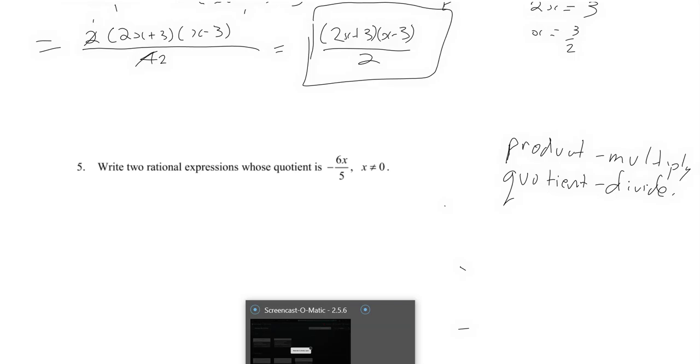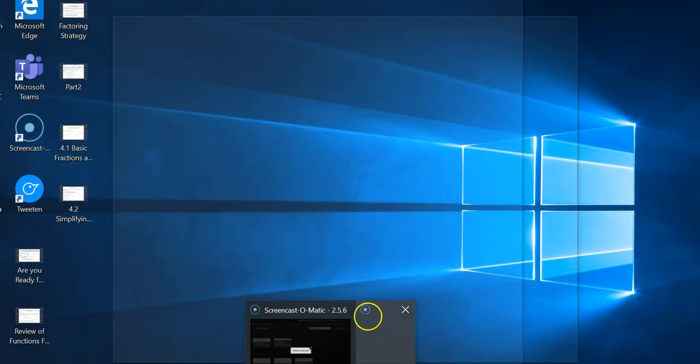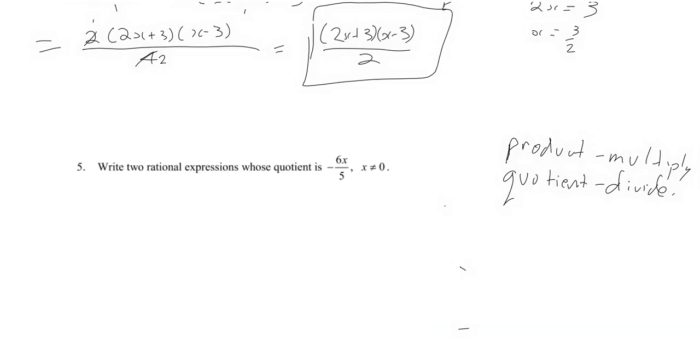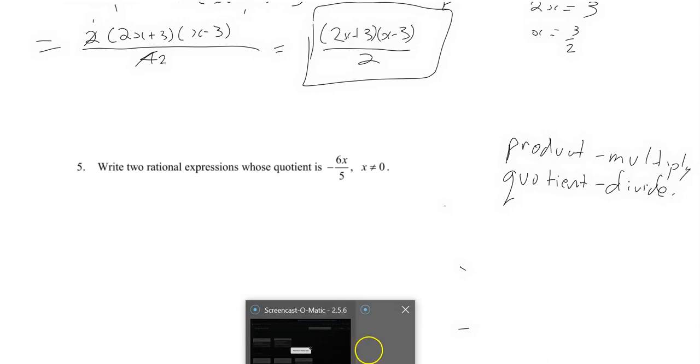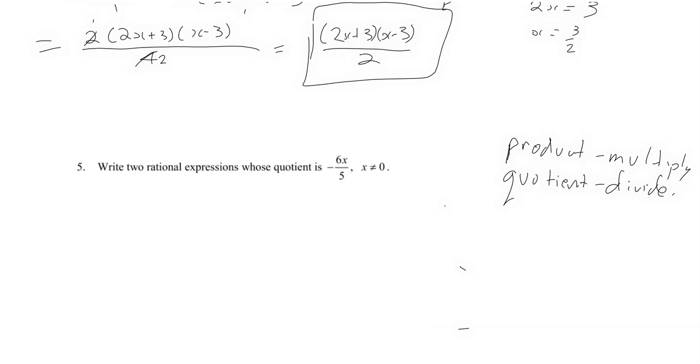Okay, so let's say we want to do something like that. I'm just going to write this over here. If we had a over b divided by c over d, we want that to equal negative 6 over 5, right?